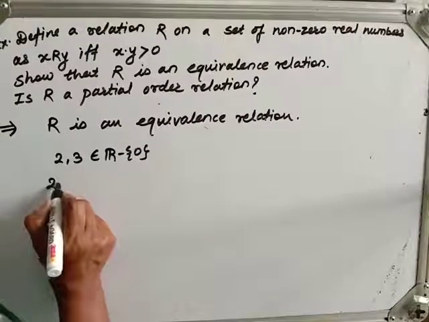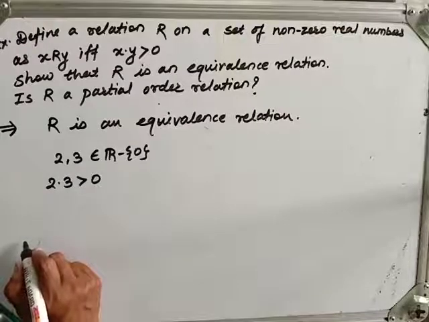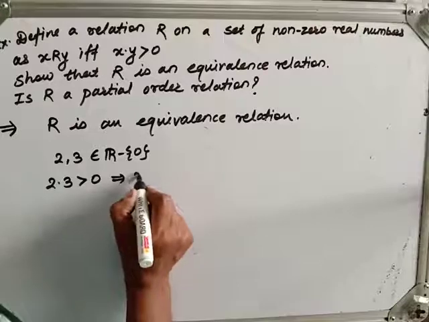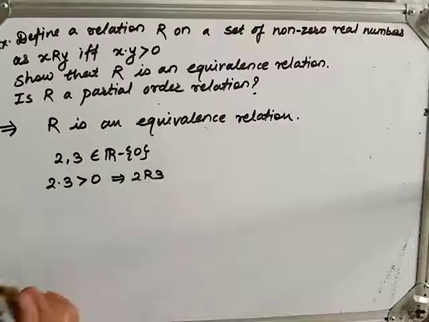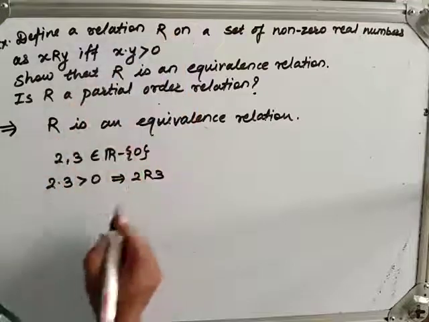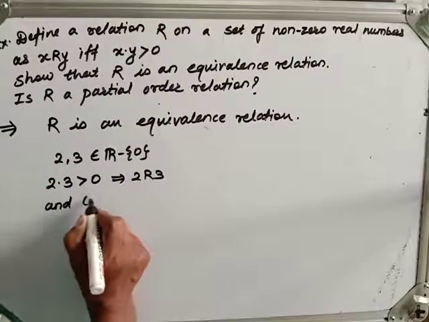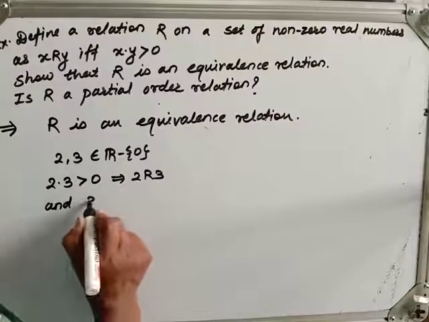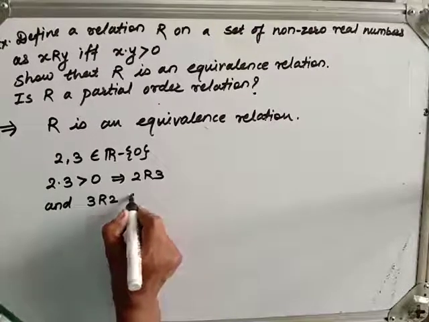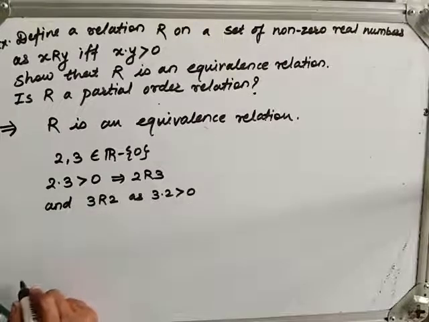So clearly 2 times 3 is strictly greater than 0. I can say here 2 is related to 3, meaning the pair (2, 3) belongs to the relation R. And 3 is also related to 2, as 3 times 2 is also greater than 0.